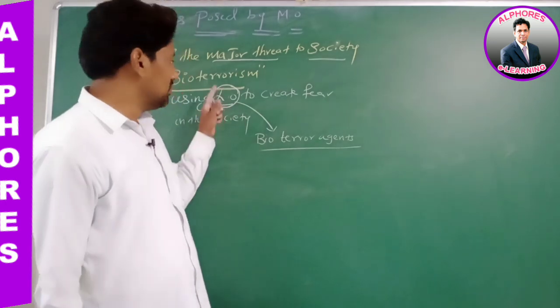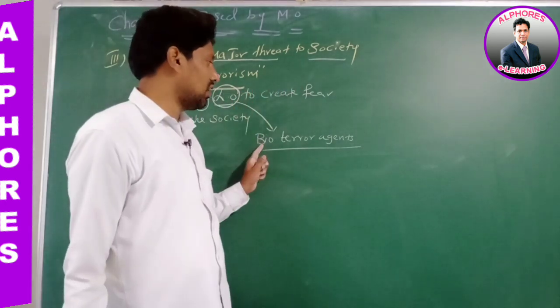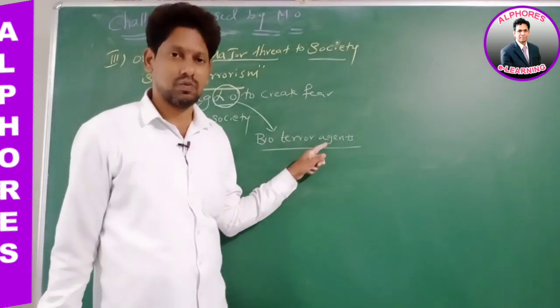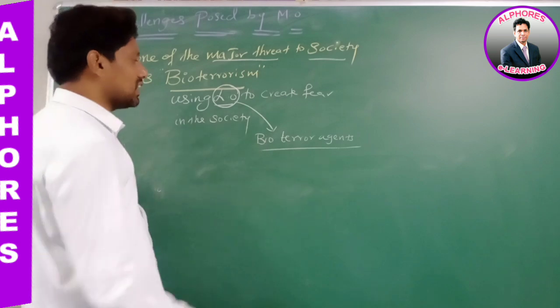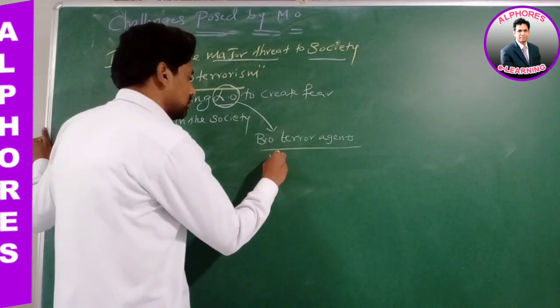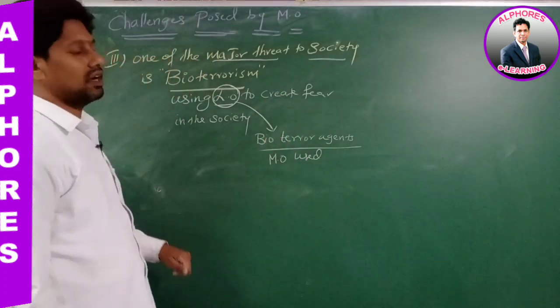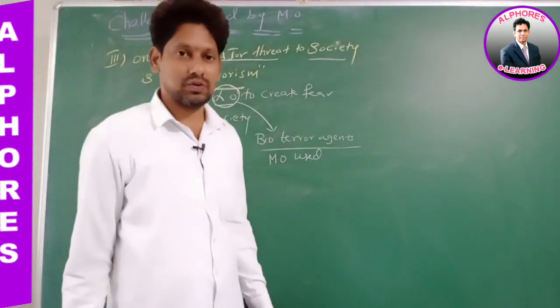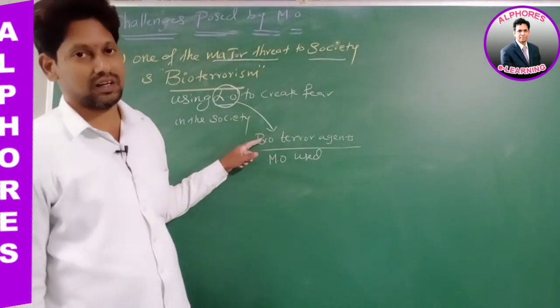Therefore living organisms which create fear in the society are called bioterror agents. Is it okay? Generally microorganisms are used as bioterror agents. Microorganisms are used as what, sir? Bioterror agents.